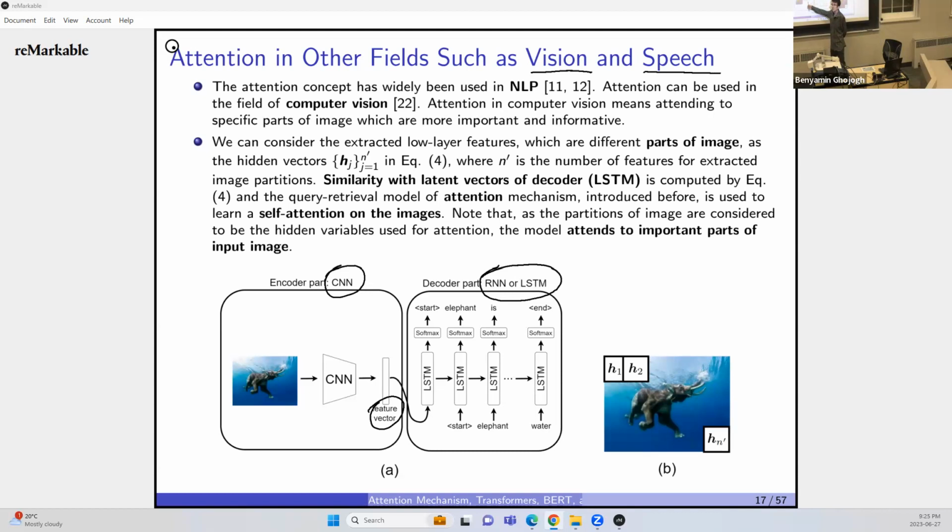This is an autoencoder. We already talked about it in the first slides. This encoder gives me a concept vector. So it's for domain transformation. What am I doing? I'm transforming the domain of image into text. It is caption generation for image. It gives me a sentence for describing, for example, an elephant is in water, something like that, right?